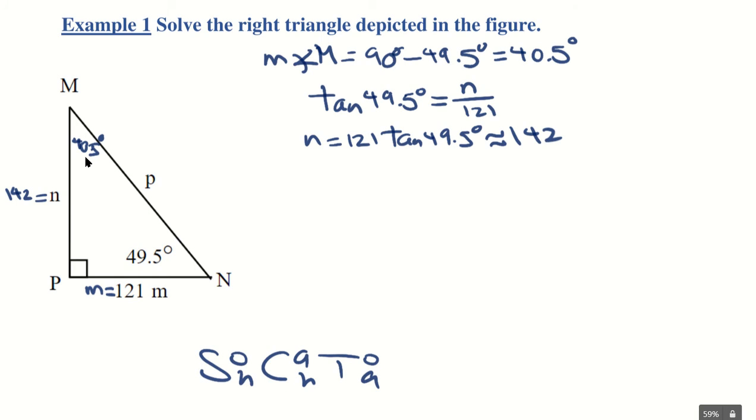I could go sine of 40.5 equals 121 over P and get my result that way. So depending on which one you prefer, you can use that method. I'll go ahead and go with the sine method, and I'll show you that you can do the Pythagorean as well.